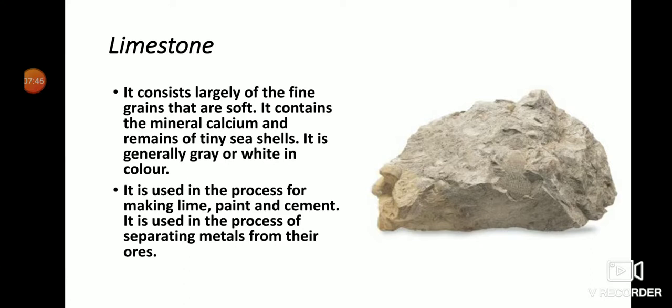Chalk is also formed from limestone. It is used in the process for making lime, paint, cement. It is also used in the process of separating metals from their ores.